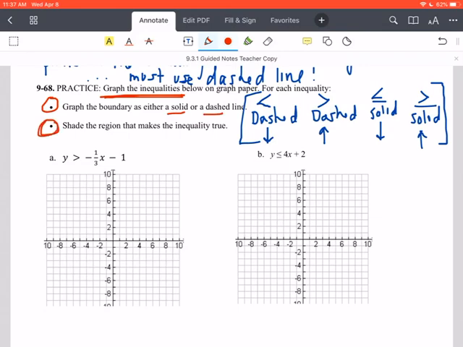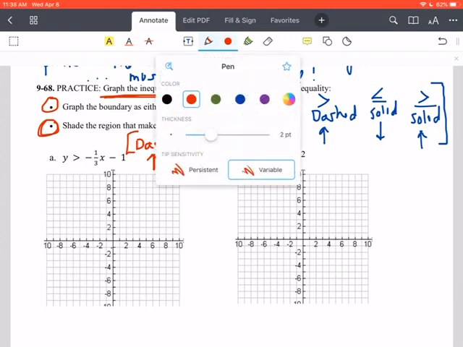Okay, so on this first problem, the first thing you're going to do is notice that there's no or equal to, so we have a dashed line. Then next, we see that it is a greater than symbol, so eventually we are going to shade straight up. So let's work on graphing this dashed line by using our knowledge that the y-intercept is -1.